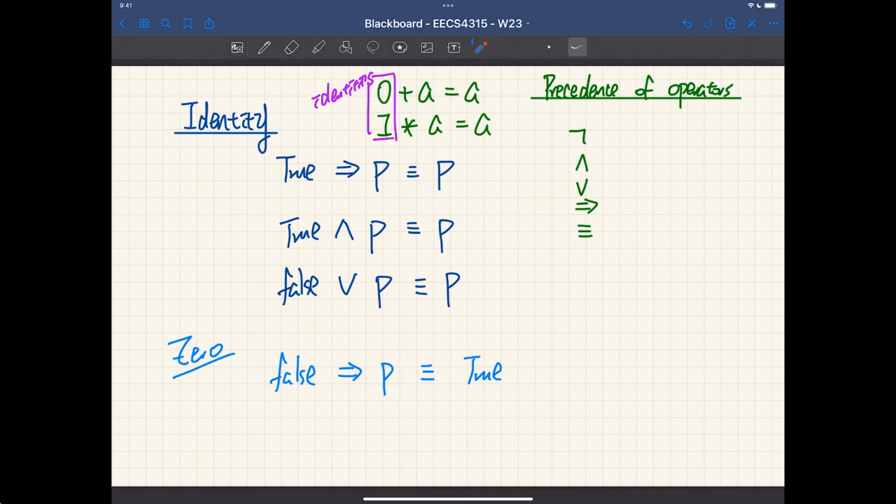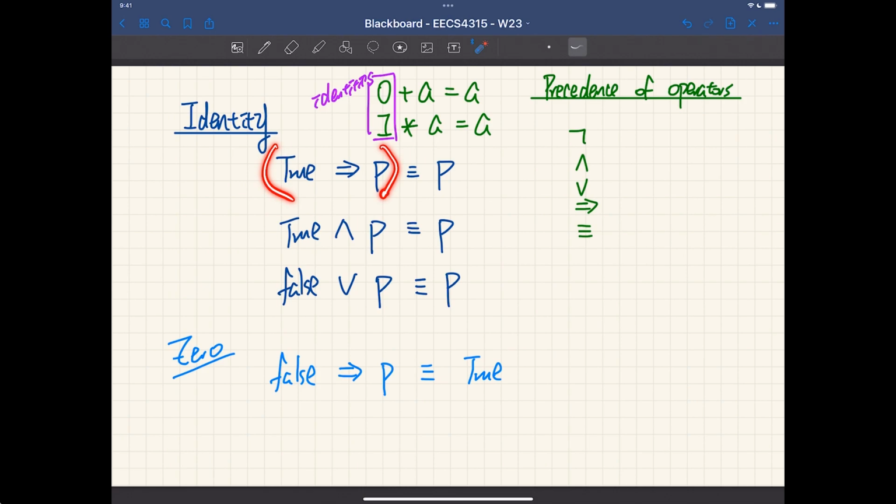Question? If we put a bracket around the left side, that also holds true. For example, the first one, true implies P is equivalent to just P, right? Oh, I see what you mean. Yeah, you're right. If you really want to bracket this way, it will still be true implies true, but it's a different one. But since here we didn't put any parentheses, it would be as if we put the parenthesis over here.